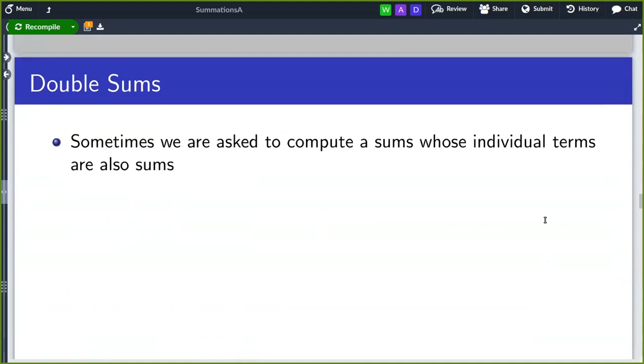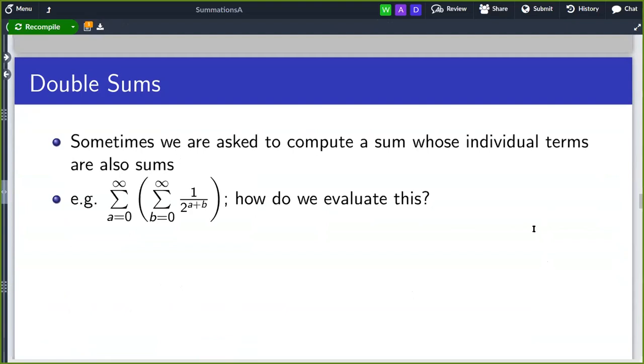With double sums, sometimes for a problem we have to compute a sum whose individual terms are themselves sums. An example of this would be the following double sum. So we have an elementary double sum here, where the quantity inside of the first sum is a second sum.